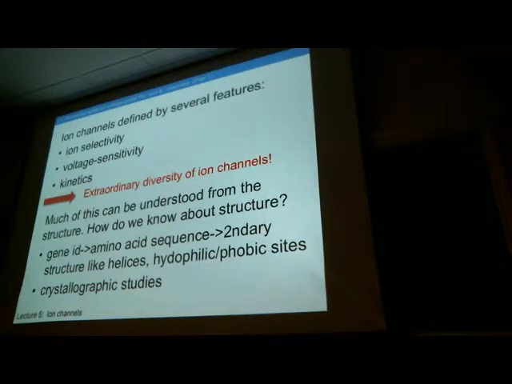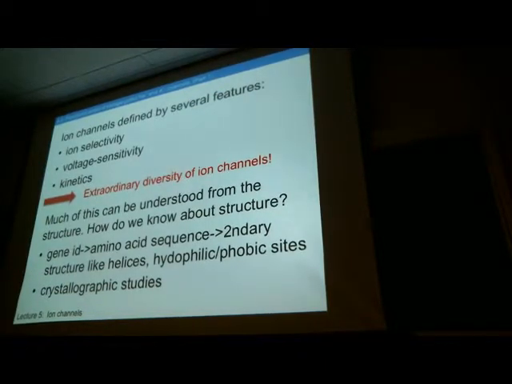So you all know that proteins are pretty complicated natural molecules. You know, we can have the gene, and you can infer from the gene what the amino acid structure is, and then we go from that to secondary structures. It's like, oh, okay, well, here's a helix, and you know, this is hydrophobic and that's hydrophilic. But of course, getting from that to the tertiary structure of how the whole protein fits together is a really difficult problem.